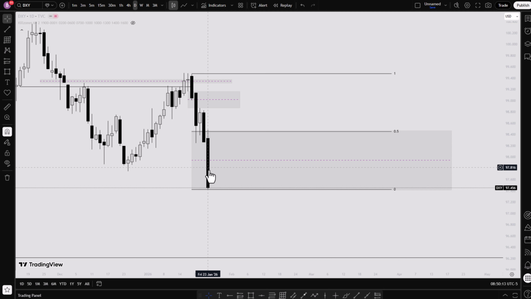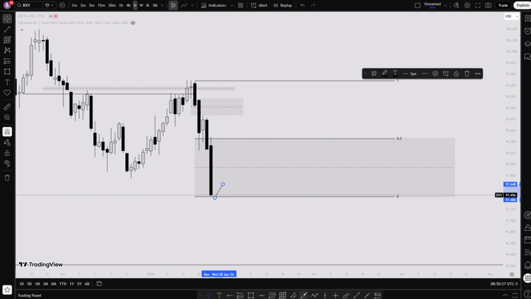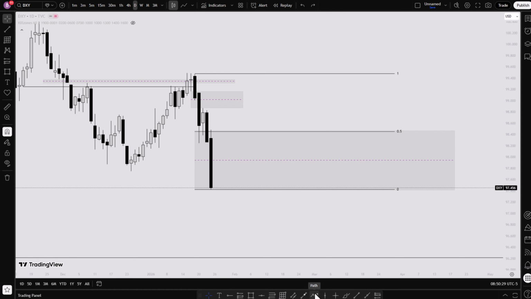If Monday we have a fair value gap formation, then we'll have what we call Monday as manipulation or consolidation. Then we see Tuesday, Monday giving us a range, in which we create the fair value gap, and then we will see a manipulation on Tuesday and then sell off.